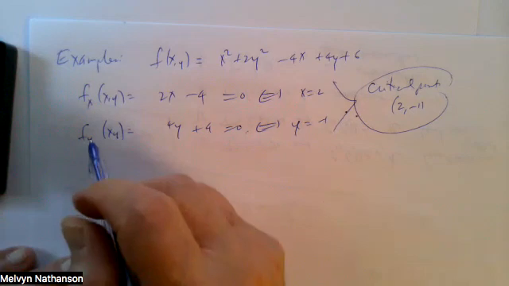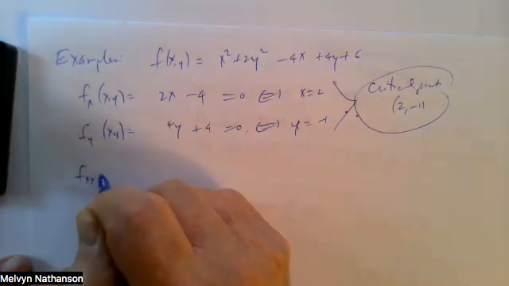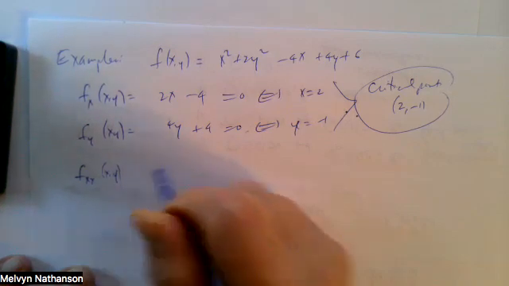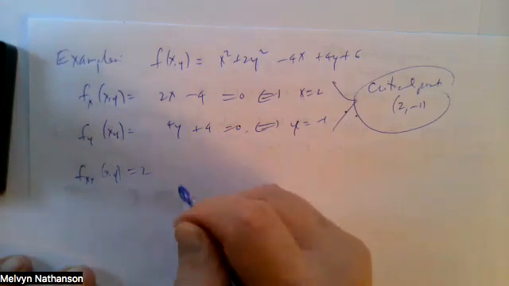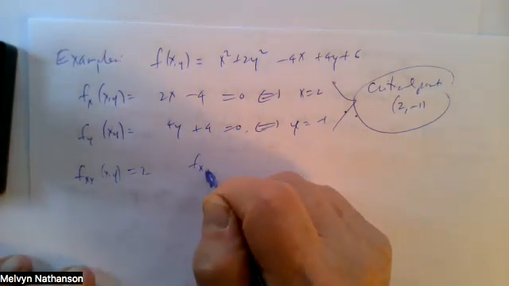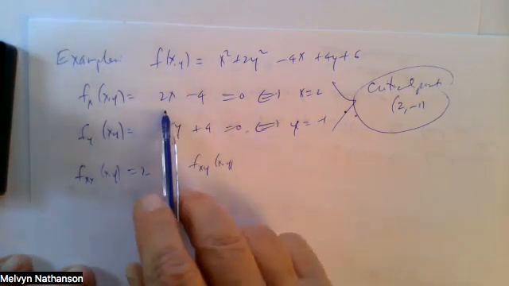All right. What about the second partials? So if I take the second derivative of f twice with respect to x, so if I differentiate this with respect to x, I get 2. If I differentiate first with respect to x and then with respect to y, I get 0.